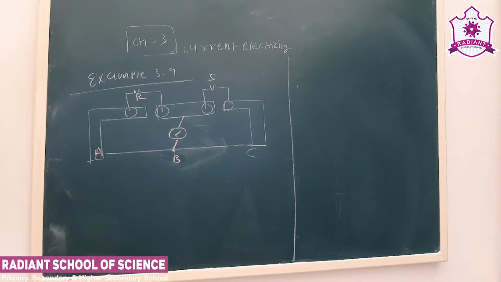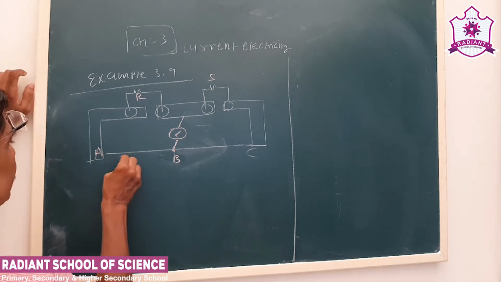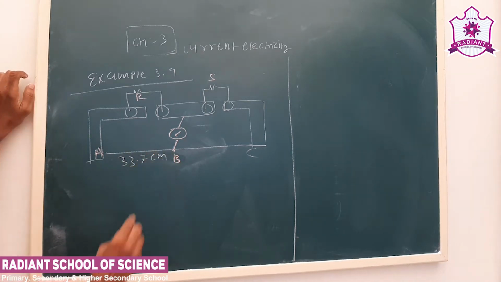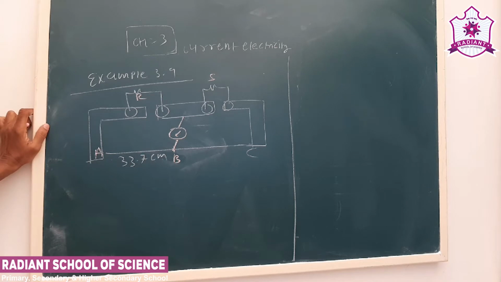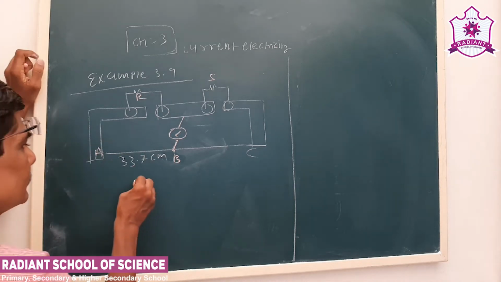The null point is at 33. So what will be this BC length?